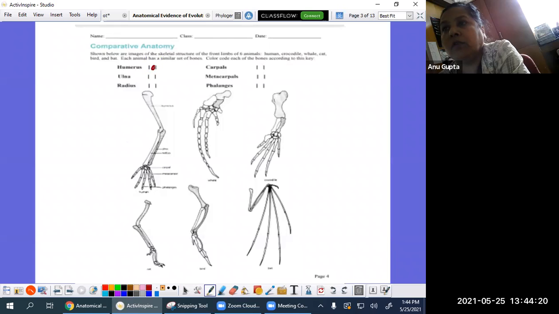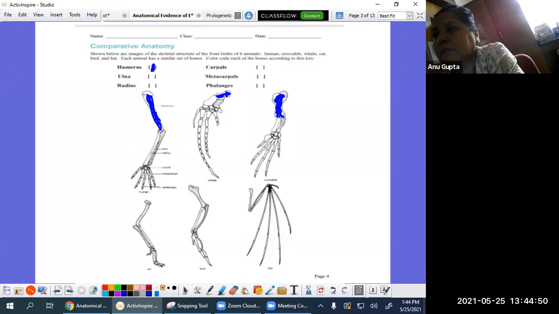Blue color for, no, hold on. Why is this not blue? Choosing a blue color for the humerus. So this is the humerus bone. I'm going to color this one. It doesn't have to be perfect, like I said. This is the humerus here, and this is the humerus bone here.